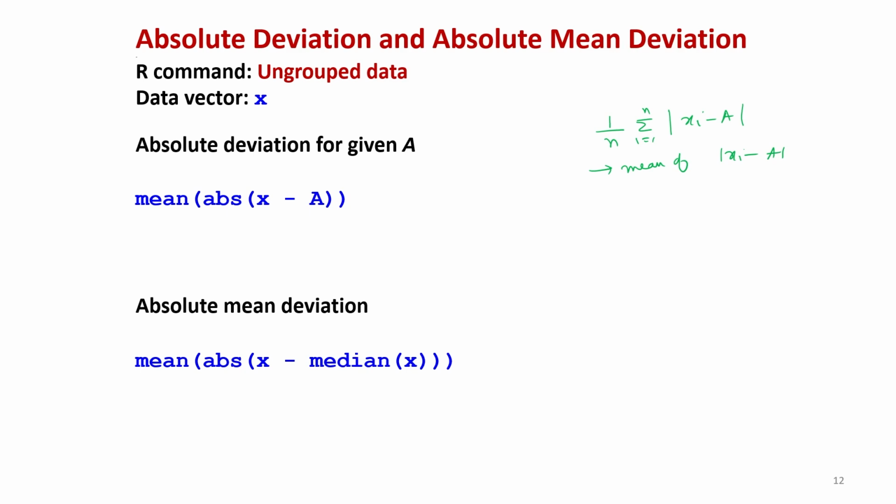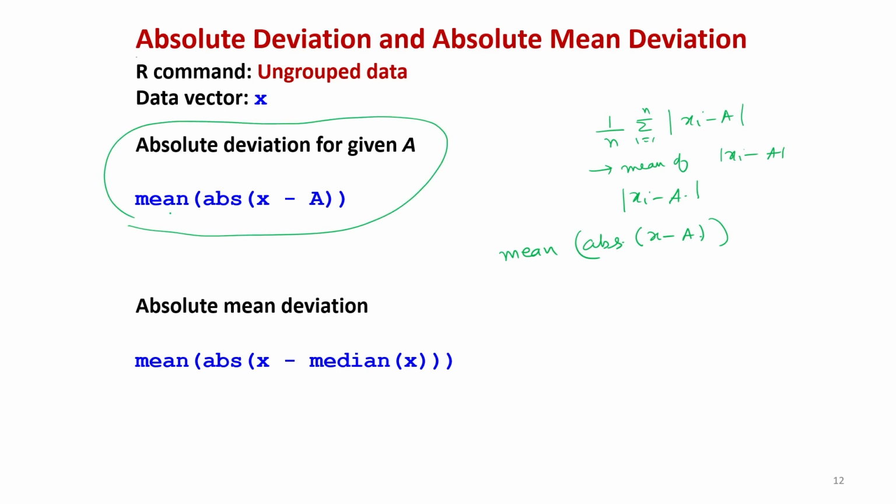In case you want to write down the data vector for xi minus a, can't we write it as x minus a? And after that, you have to take its absolute value, so let me write down the ABS function. And then you have to take the arithmetic mean. So I can write down the mean of absolute value of x minus a. That's all. So this is how I can compute the absolute deviation for a given value of a by the command mean of abs of x minus a.